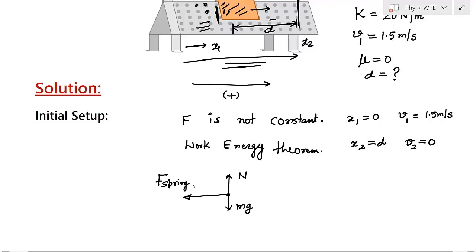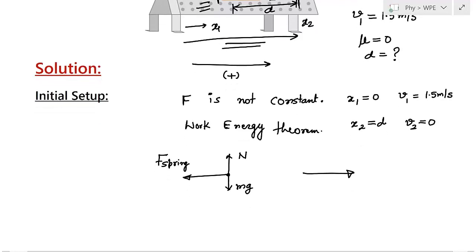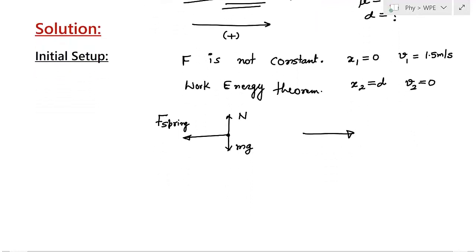Now the vertical forces will not do any work because the motion is in the horizontal direction. So the work done by the normal reaction and mg is basically zero. Only the horizontal force will do work.